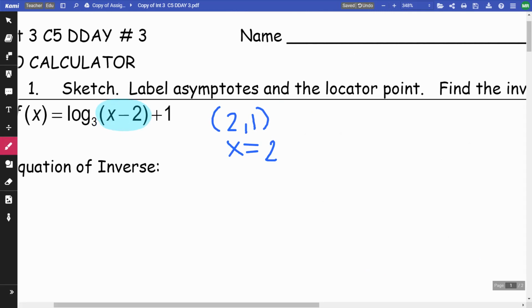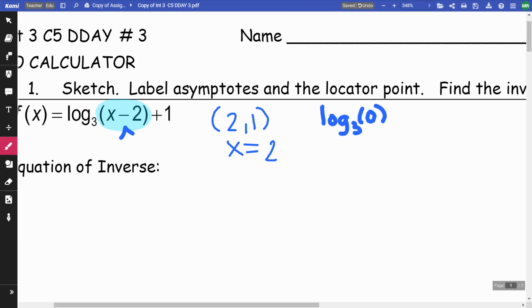This is log base 3. So when I'm doing log base 3, I want to think about 3 to powers. Like 3 to the first is 3, 3 squared is 9, 3 to the third is 27. So log base 3 of 0, remember 2 made that 0, is undefined.